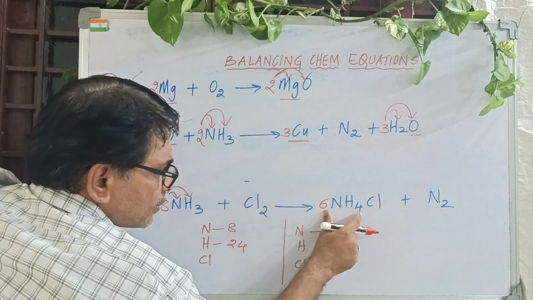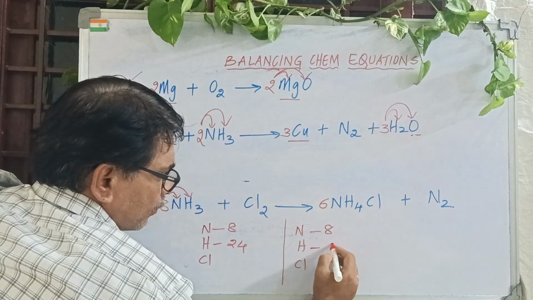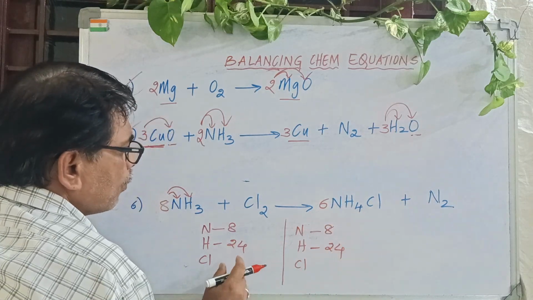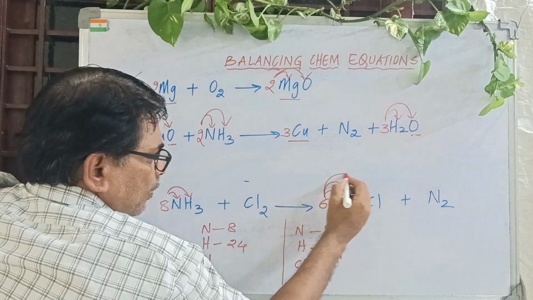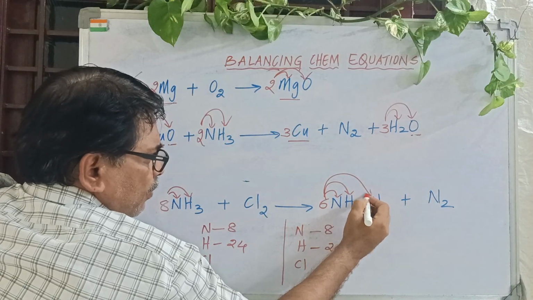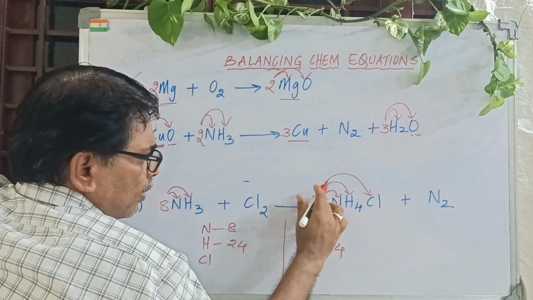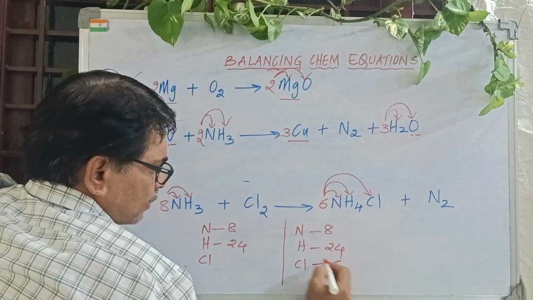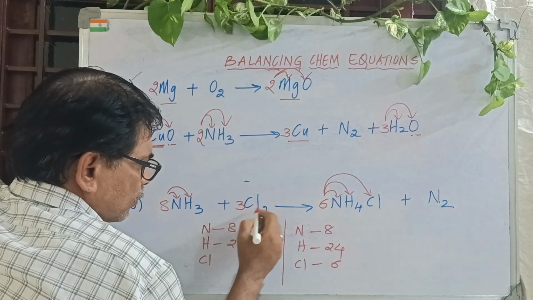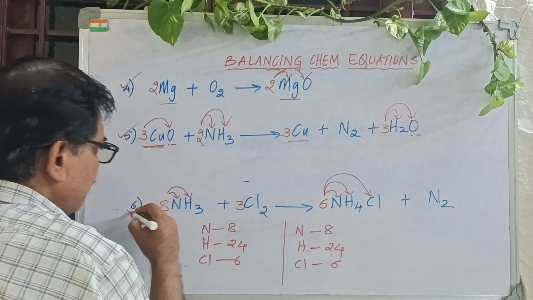How many H are here? 6 fours are 24. How many chlorines are here? This is applicable for all. If I don't write also, you should understand that whatever number you add here will be applicable for all. So chlorines are 6 over here. So why don't we put 3 here? So they become 6. Now it's balanced.